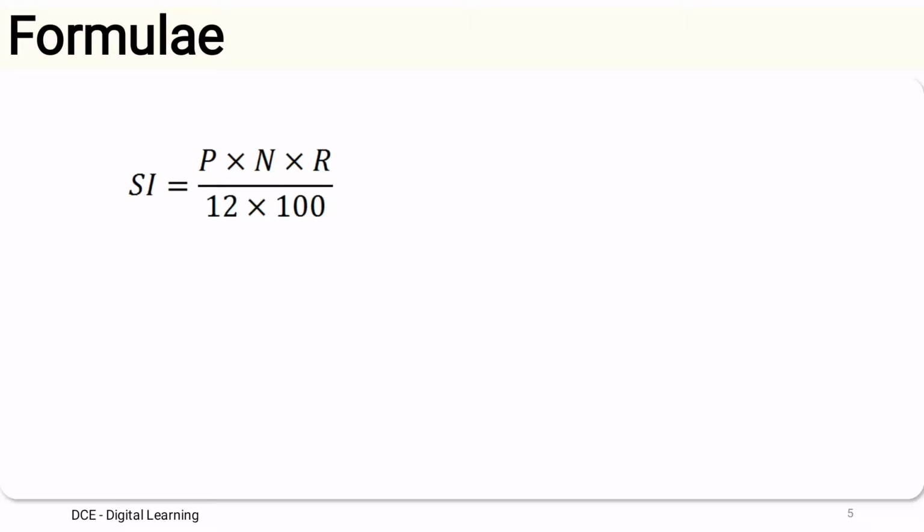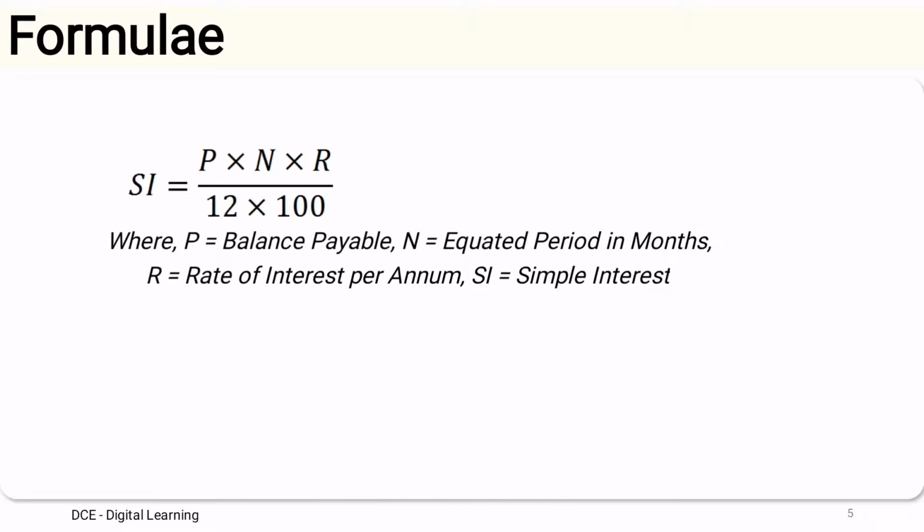Therefore we need to divide n by 12. So SI equals P into N into R divided by 12 into 100, where P is the balance payable, N is the equated period in months, R is the rate of interest per annum, and SI is the simple interest.